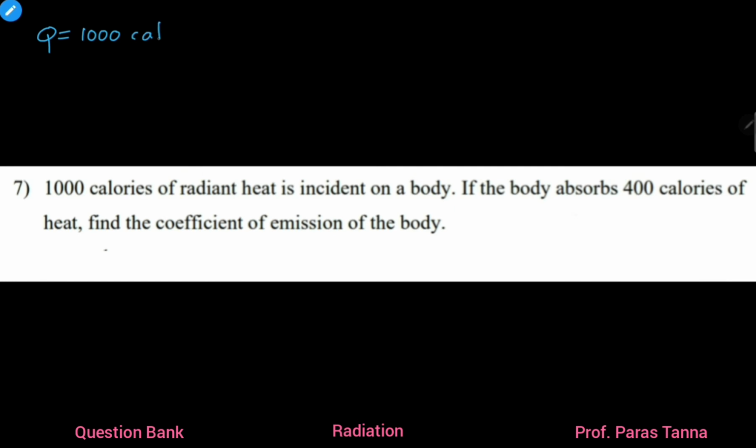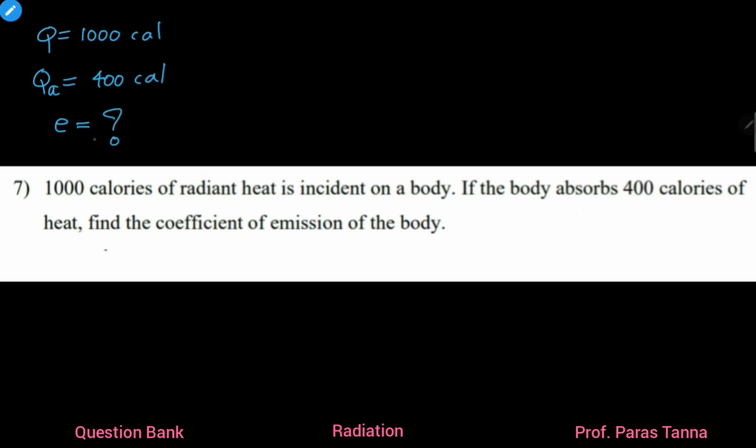If the body absorbs 400 calories of heat, that is QA, the quantity of radiant heat which is absorbed by the body, is equal to 400 calories. We have to find out the coefficient of emission of the body, that is small e is equal to question mark.